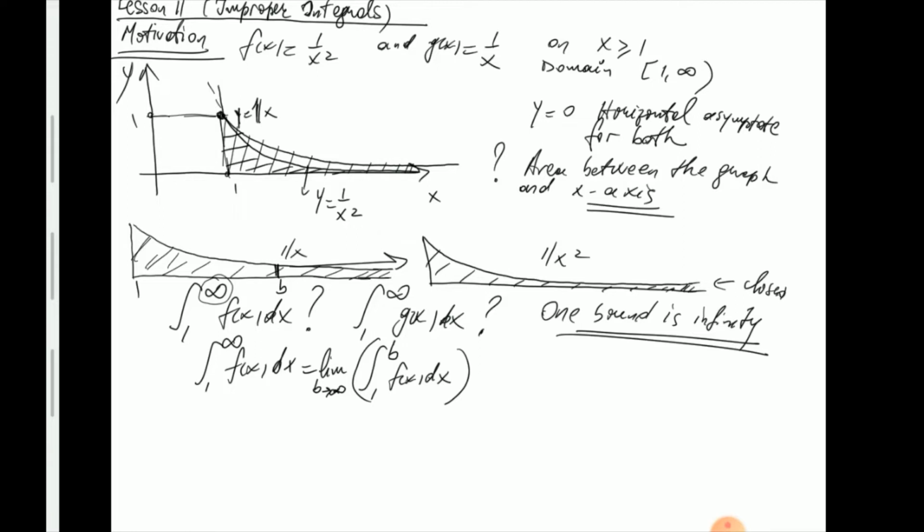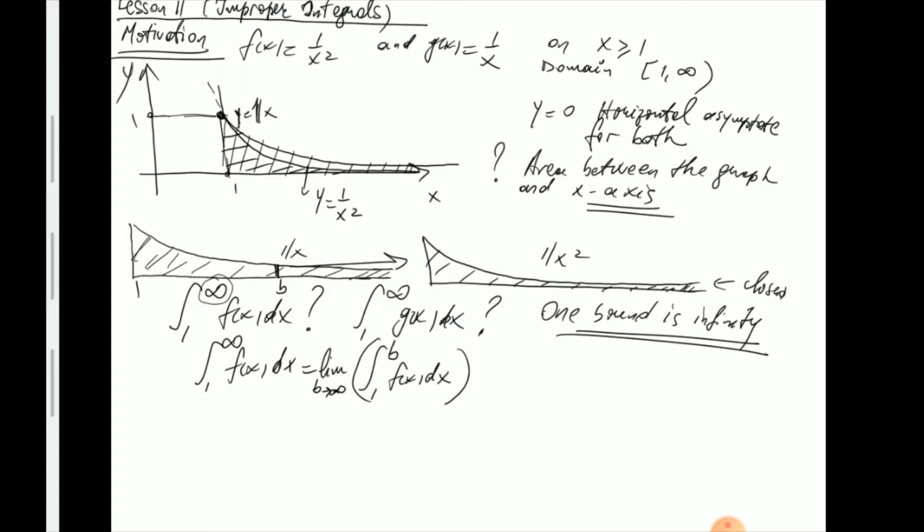And if that limit exists and it's a number, we call that the improper integral, or we call that the area between the graph and the x-axis, provided that this limit exists. So essentially my discussion here suggests that in some cases that limit may exist, in some other cases it may not. And so let's do this for this quick example, because the integral will be pretty easy to compute.